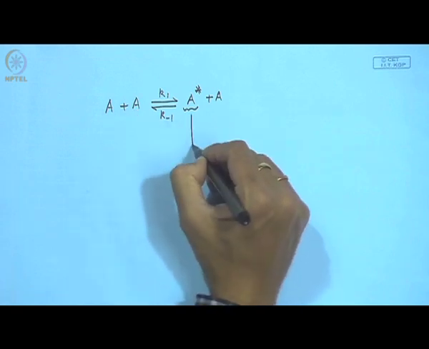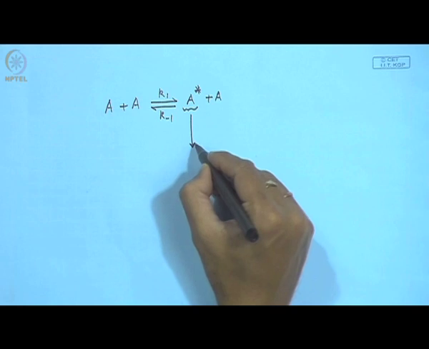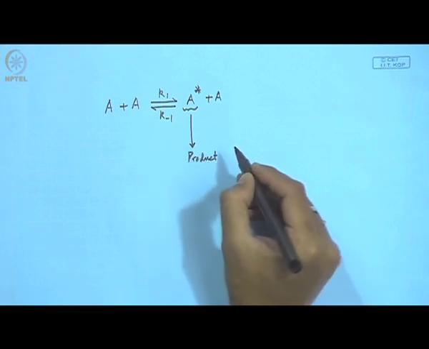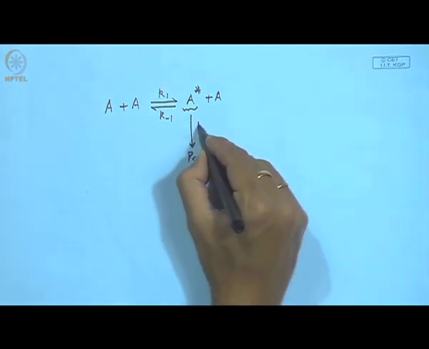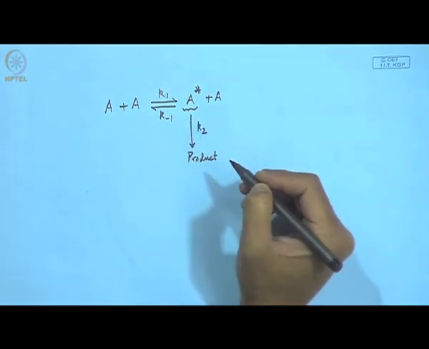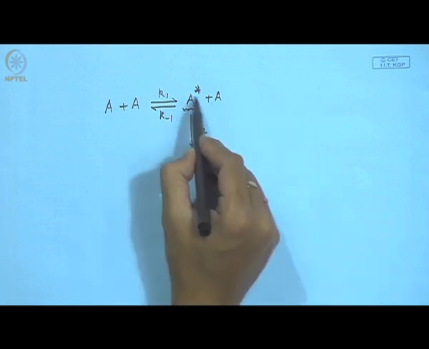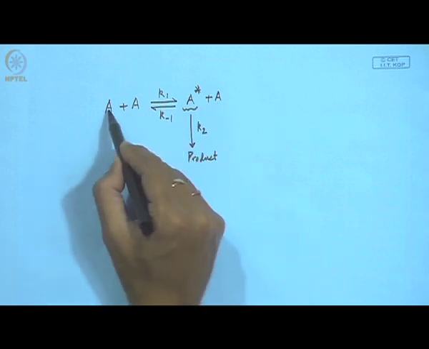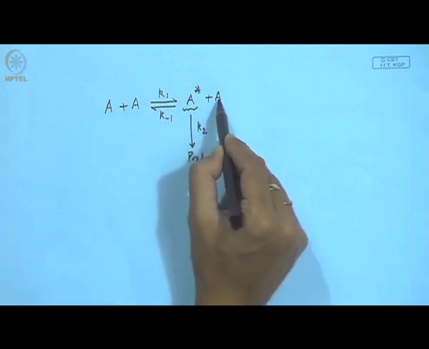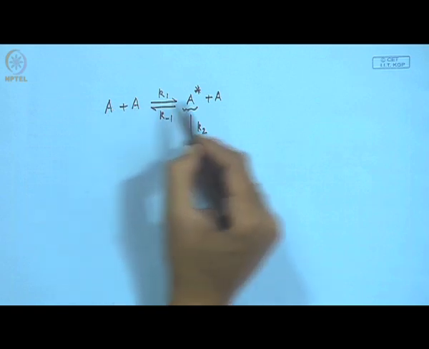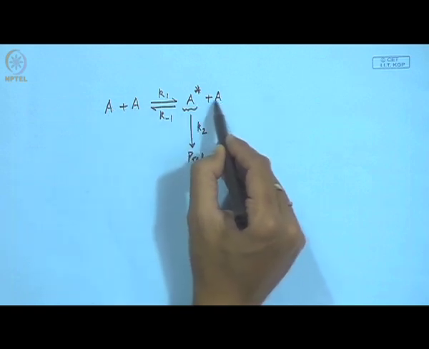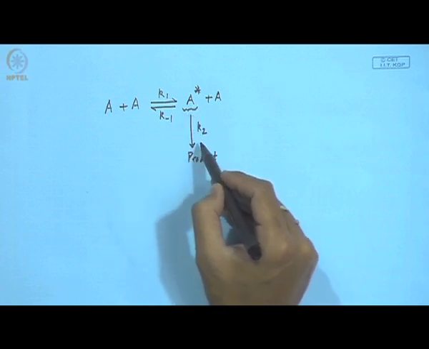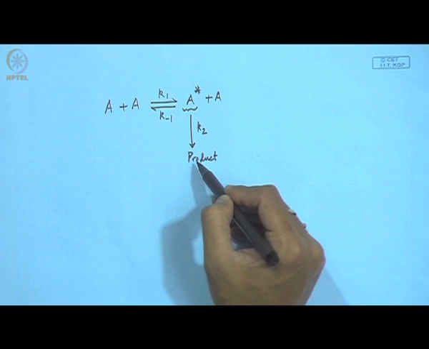Then this A star will undergo a reaction to give you product, with rate constant K2. So, basically this is a quick equilibrium between unexcited and excited species. Here there are two unstarred and one starred, and this starred species is thought to be responsible for giving rise to the product.